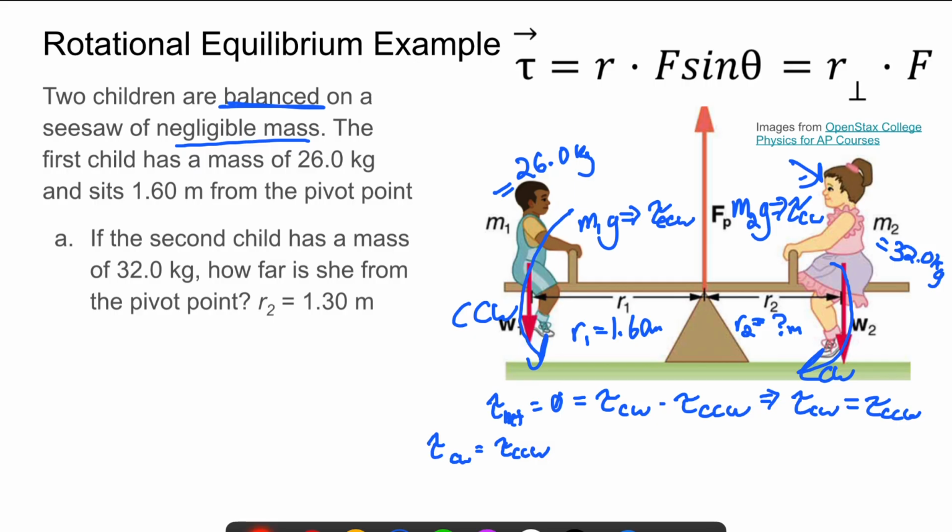So that means that for the clockwise torque, we will take the force that child 2 is exerting, right, which is her force of gravity, which is her mass, m2g, times her radius, which is r2, right, times the sine of the angle between her force and the radius. But if we look at her force and the radius, there's a 90-degree angle there. So that means this is just going to become 1.